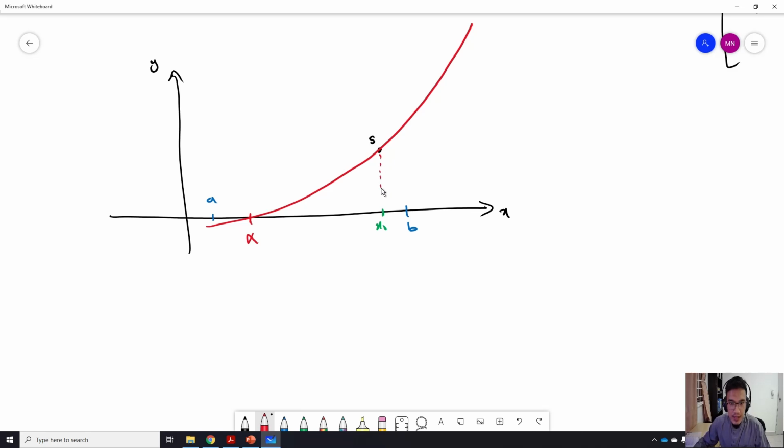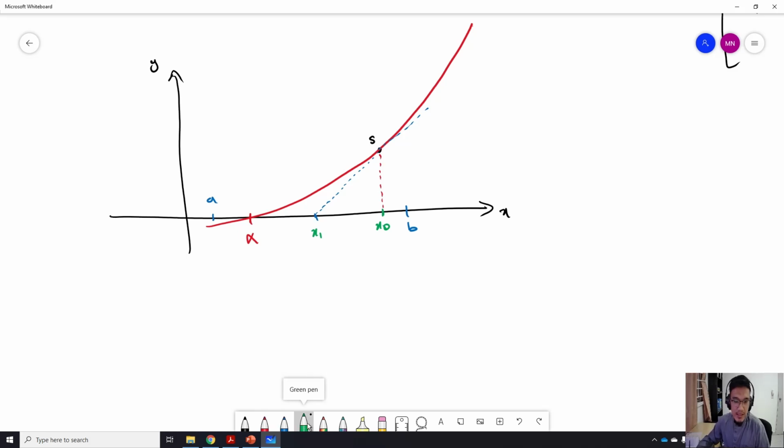From point S, we form a tangent and it intersects the x-axis at the point that gives x1. This is x1 and this is x0. So x1 is based on the tangent that touches the point S on the graph.